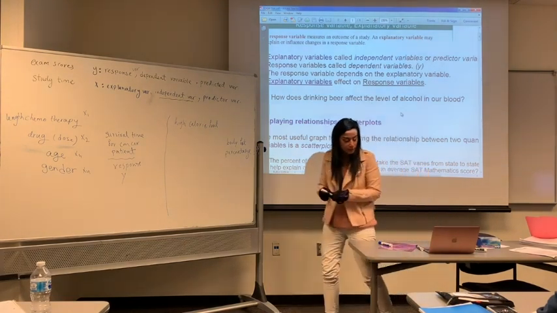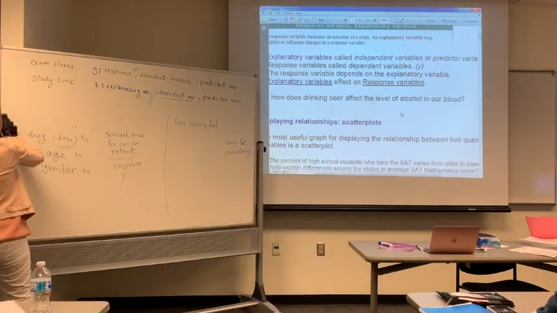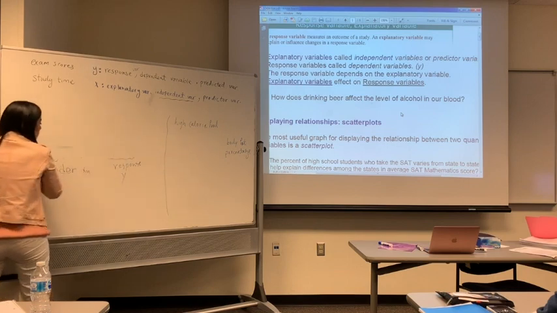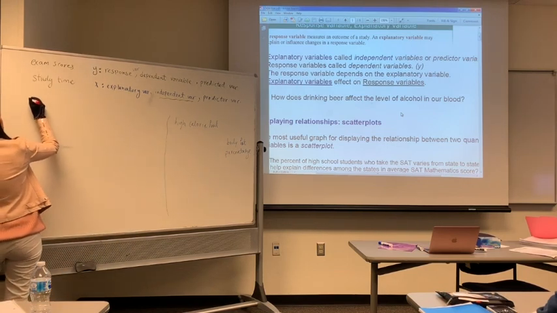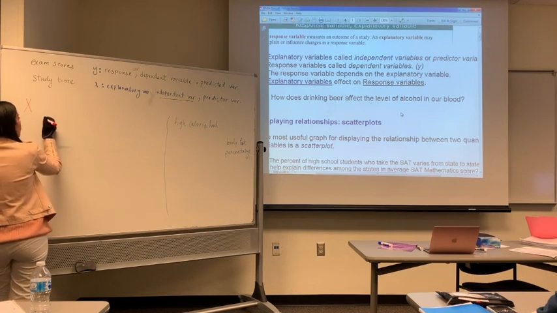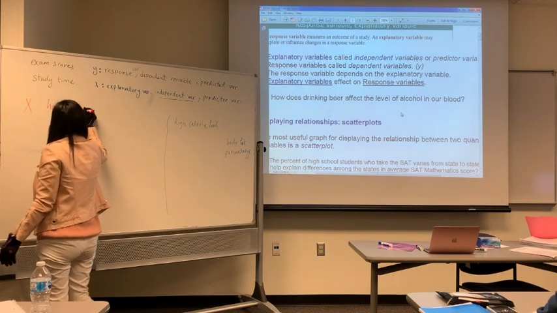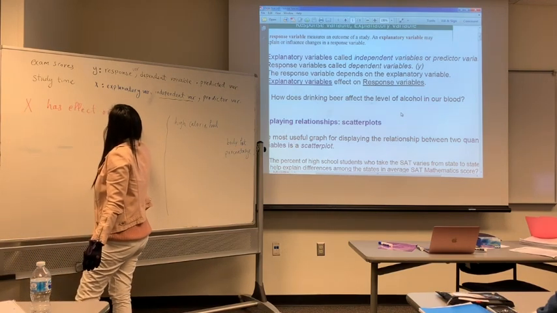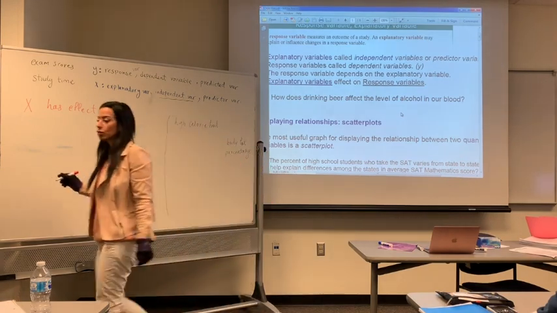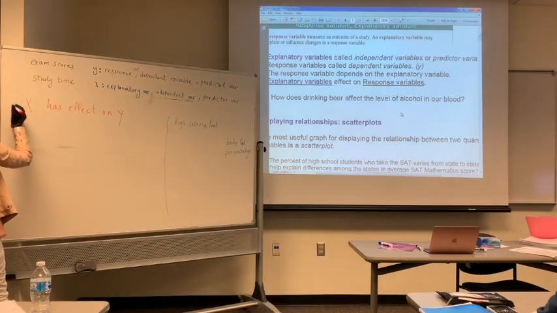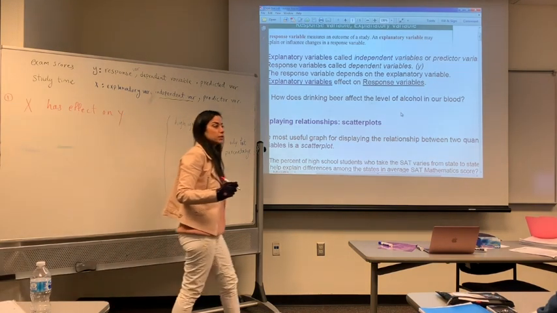So now let's write down the first sentence which helps you to find the x and y. So x, which is the explanatory variable, has an effect on y. So this is the first sentence you can use to compare with any question or study to figure out which variable is explanatory and which variable is response variable.